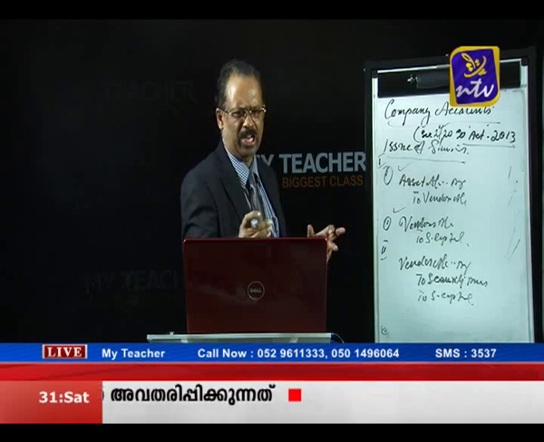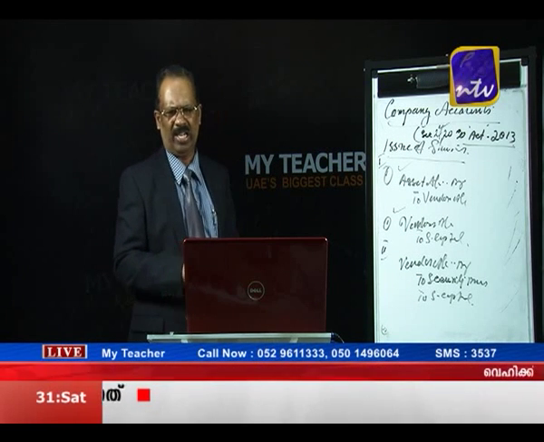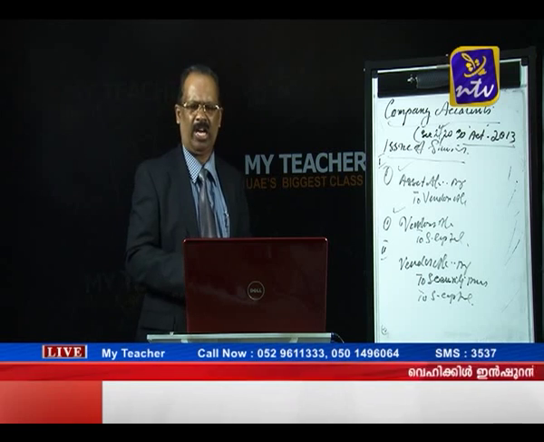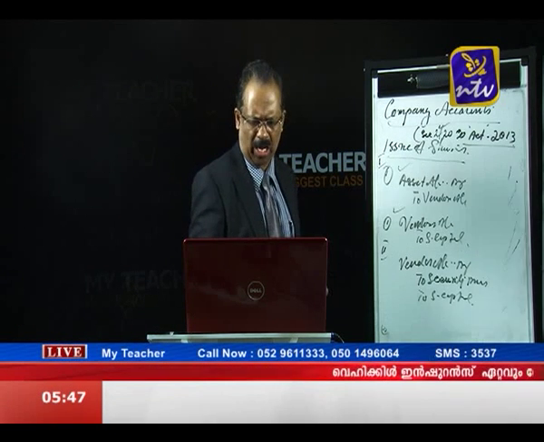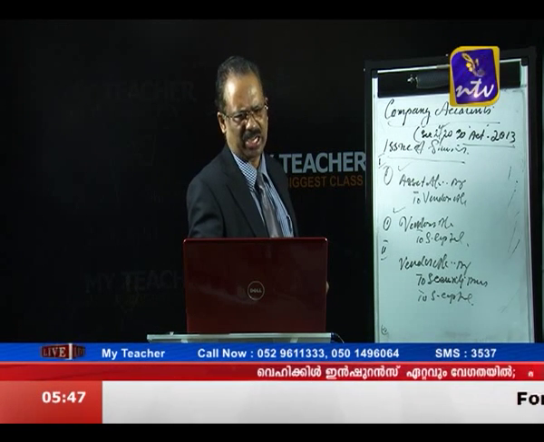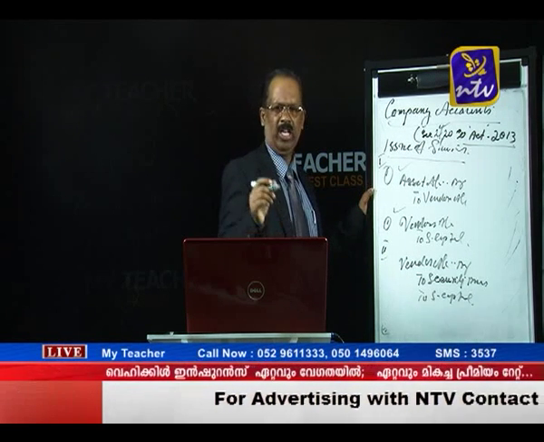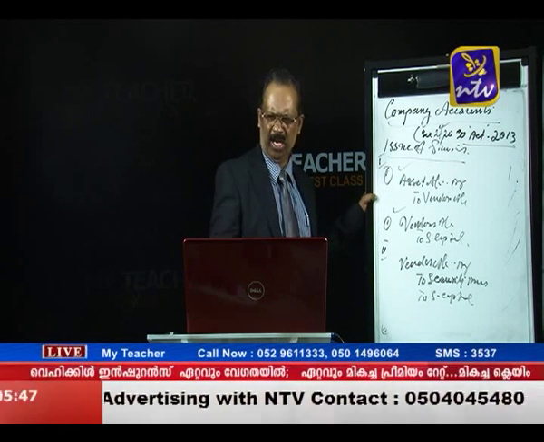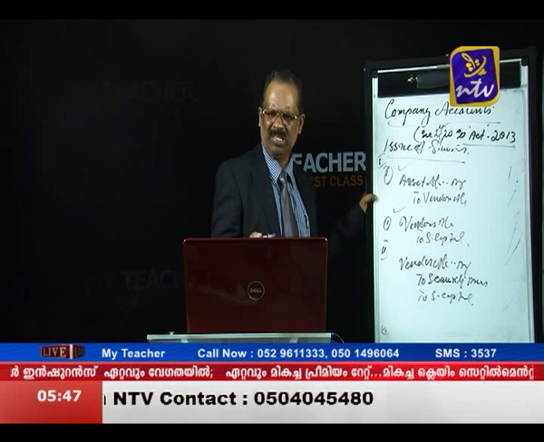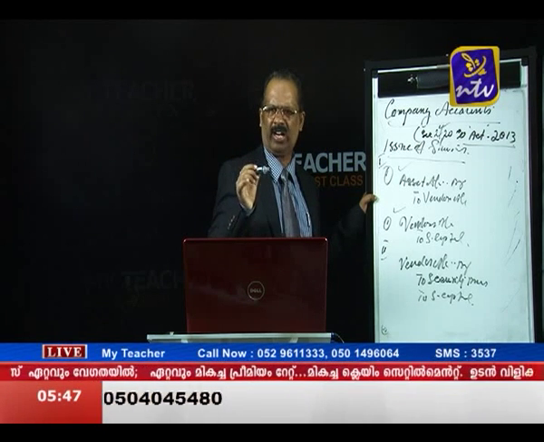So please study only 2 points, asset purchase and issue of shares at par value, and asset purchase and issue of shares at a premium. Once again, instead of giving the money, we are issuing the shares as a purchase consideration.